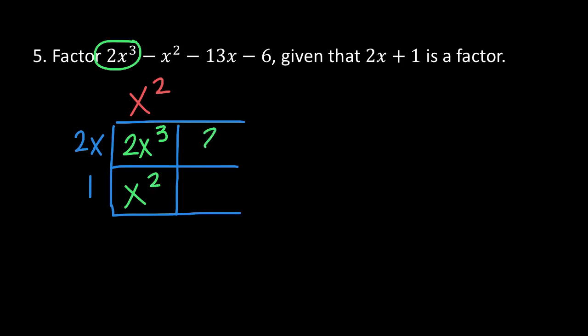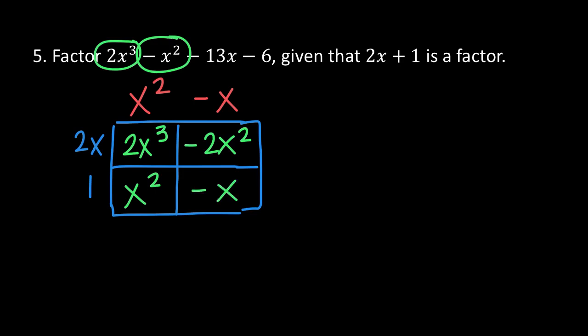I need x squared times something to add up to negative x squared. This would have to be negative x to multiply to 2x to get negative 2x squared, and then negative x times 1 is negative x.